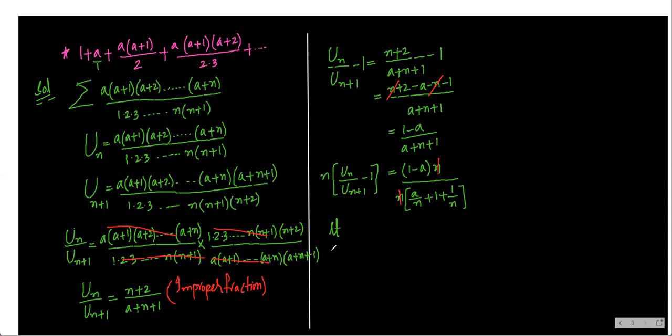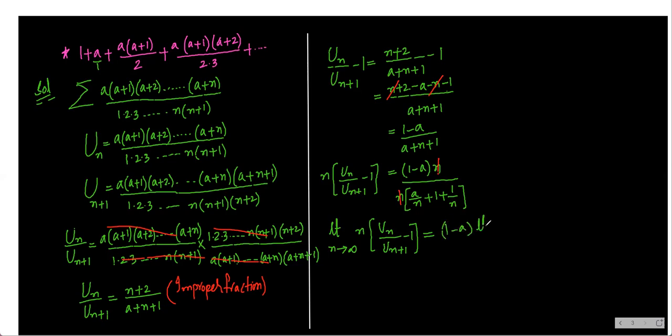Limit n tends to infinity, n times (un by un plus 1 minus 1). Limit n tends to infinity, we have to apply, before that, 1 minus a will be a constant term, pulled it out.